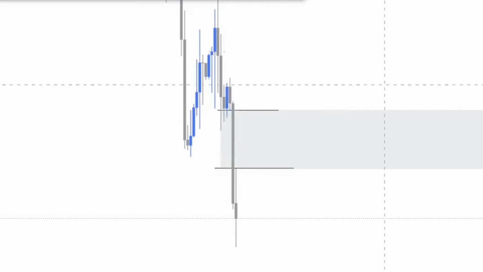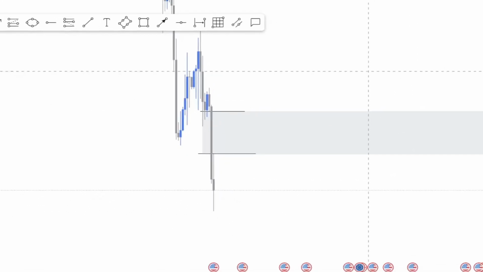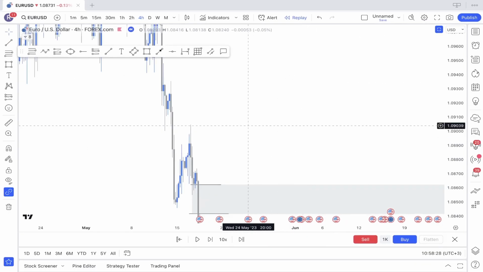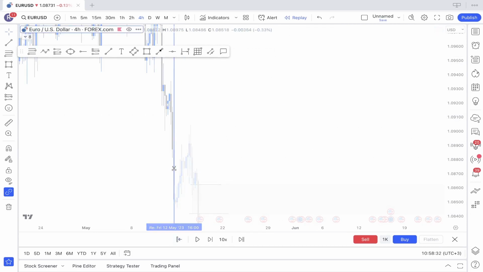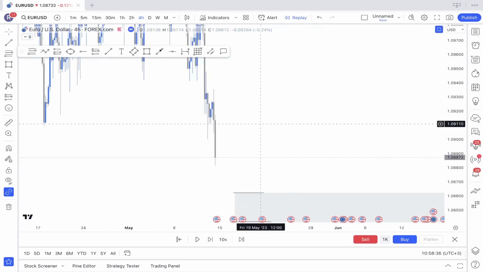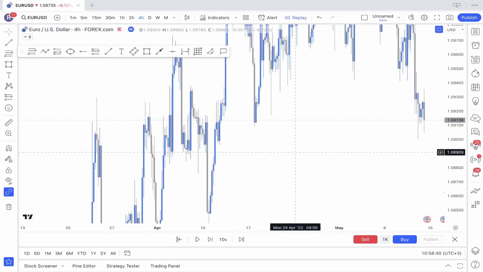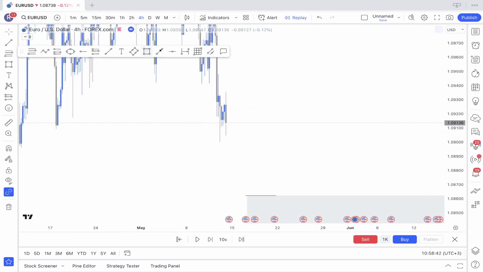And now, since you guys know what a fair value gap looks like, let me show you what a fair value gap doesn't look like. Okay, so let me show you what a normal price action looks like. So check this out, okay? We have this blue candle as our first candle, okay?